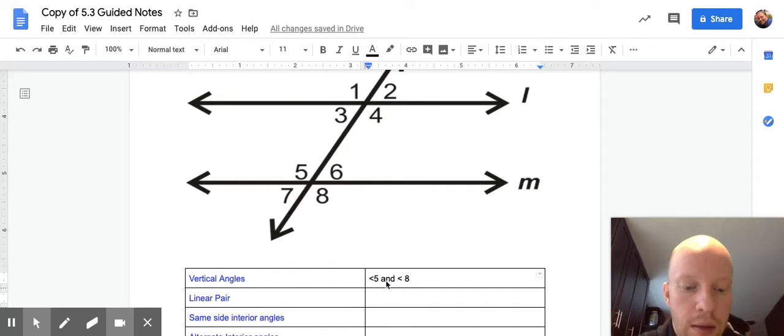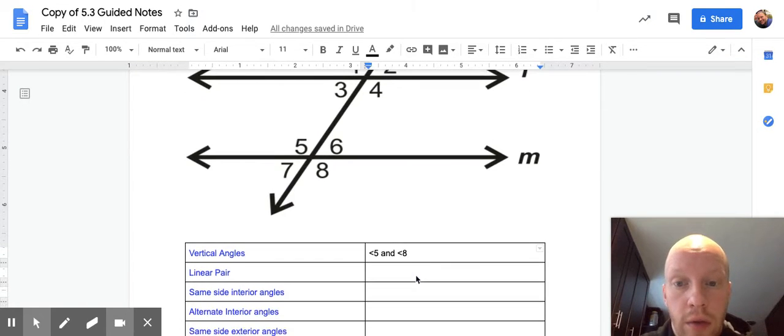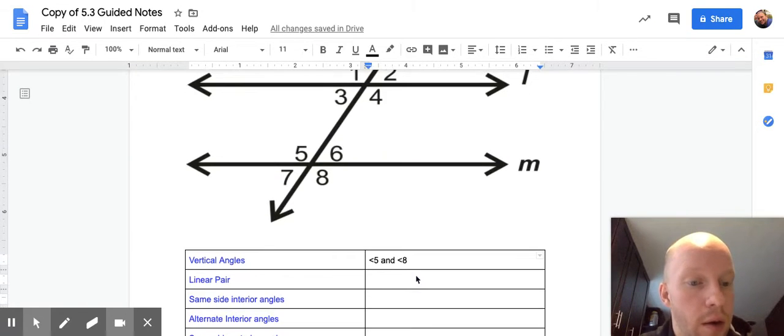So the greater than sign, this is the less than sign here, you can use as a way to name angle. So angle 5 and angle 8. So what I'm going to ask you to do is, for your practice, name 2 more sets of vertical angles.